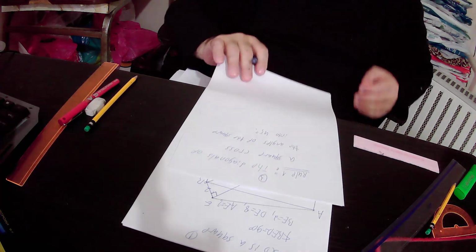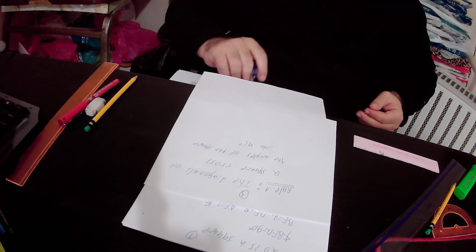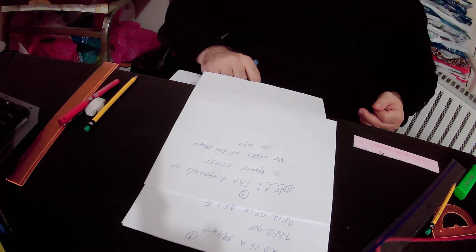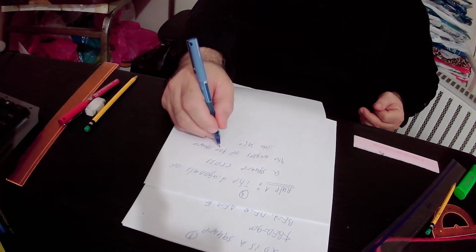Okay, I'll repeat again rule number 1. According to rule number 1, the diagonals of a square cross the angles of the square into 45 degrees.